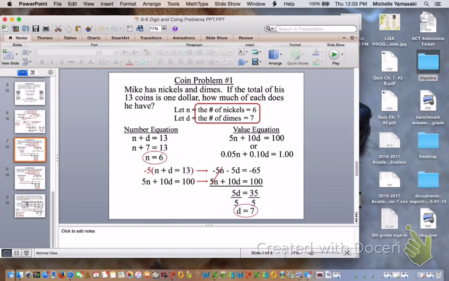Okay, so let's look at, you've got, can you guys see that? Is it big enough? Yes or no? Yes. Okay, you've got different kinds.